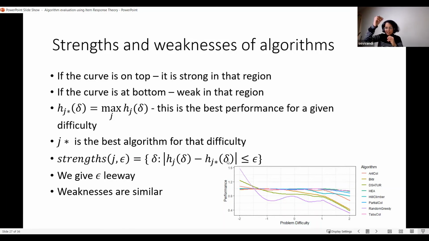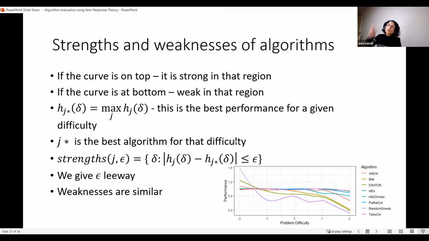Epsilon is what we are defining. If it is close to that by epsilon, then that algorithm is strong. If you set epsilon to 0, then you're getting only the best performances.